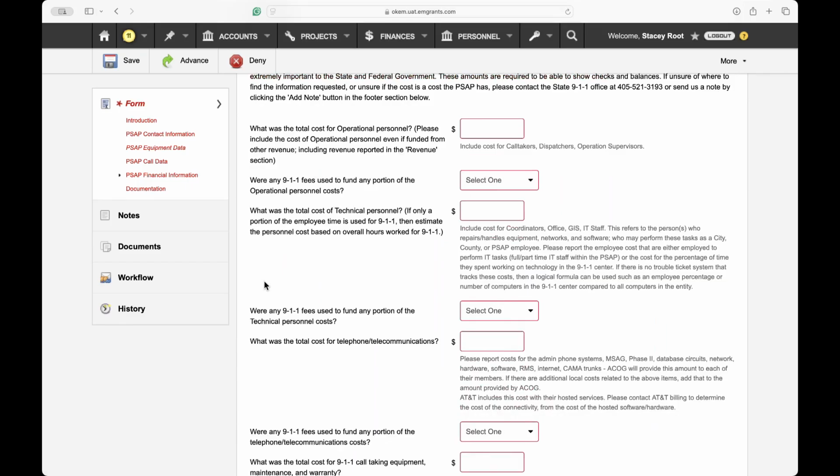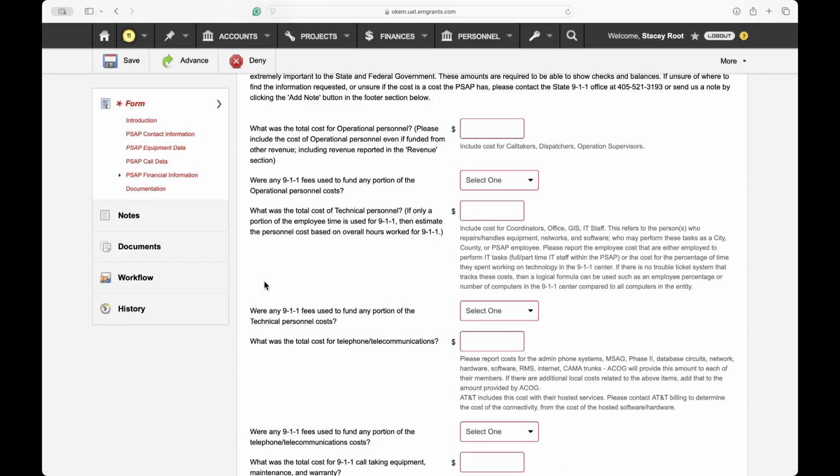So the next thing I wanted to cover is what is the total cost for telephone telecommunications? So this is your trunk line cost. There's a lengthy note below most of these because every year there's more and more questions and more misunderstanding. What we're trying to come up with is the real cost of actually providing the 911 equipment and connectivity within the dispatch center.